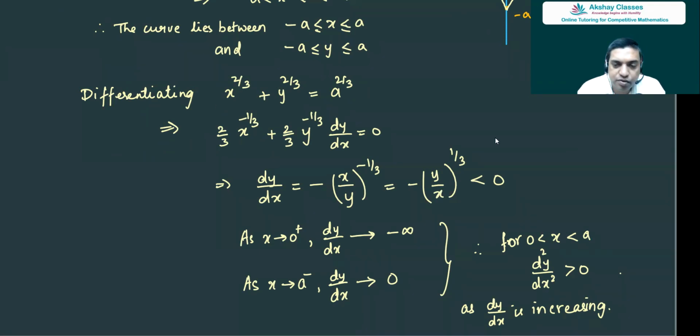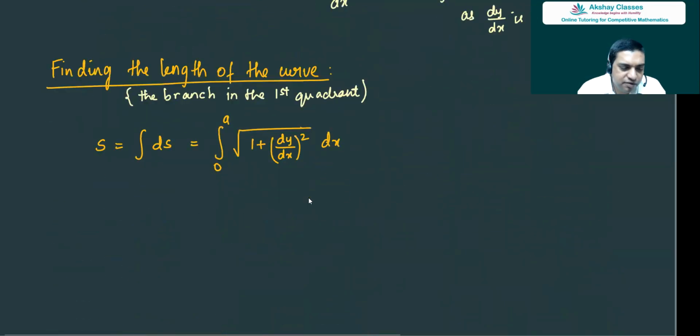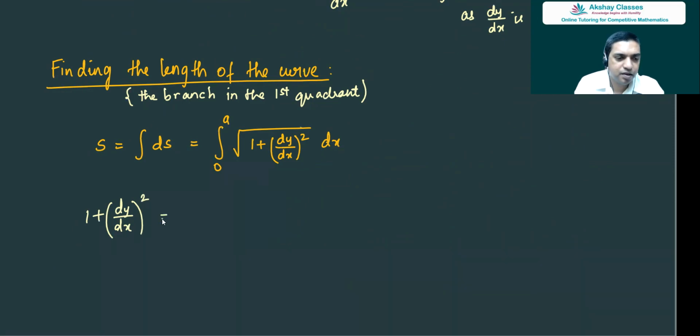How to do this? Dy by dx is y upon x to the power 1 by 3 with a minus sign. So what is 1 plus dy by dx whole square? That we need to see now. 1 plus dy by dx the whole square is equal to 1 plus y to the power 2 by 3 by x to the power 2 by 3.